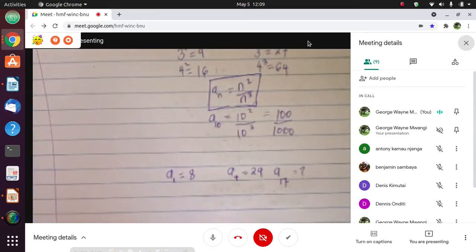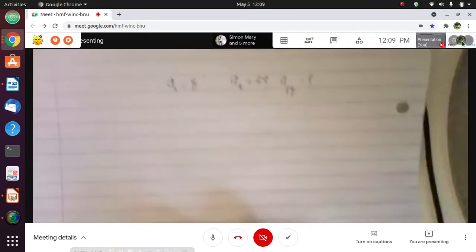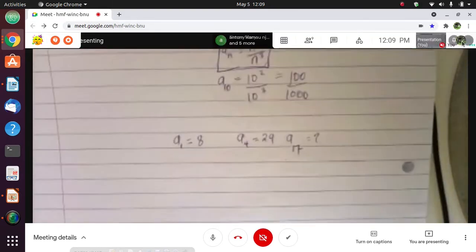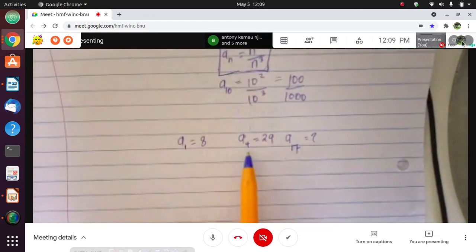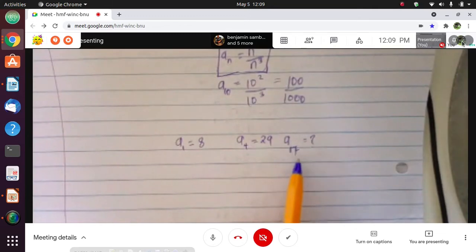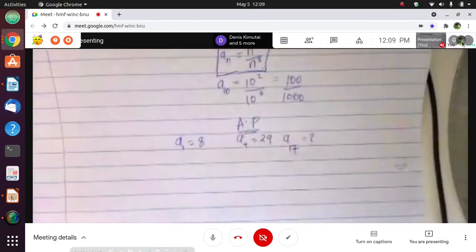Now, before I continue, is my work clear? Inaonekana? Okay. You're told the first term is 8, the fourth term is 29, and you're being asked to find the 17th term. But it is an arithmetic sequence.